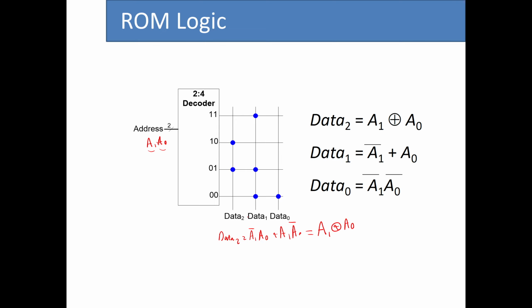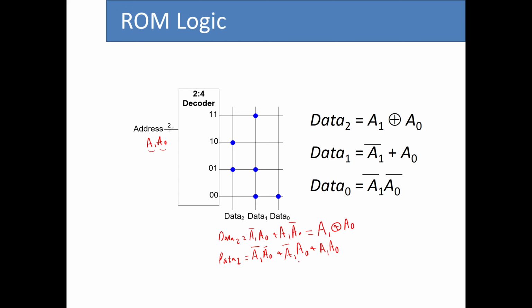What about data 1? Data 1 is the result of ORing these three outputs from the decoder, or more specifically these three minterms. So it is going to be A1 bar A0 bar, plus A1 bar A0, plus this one, which is A1 A0.